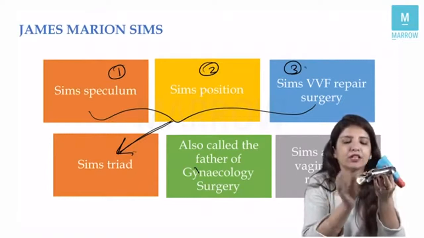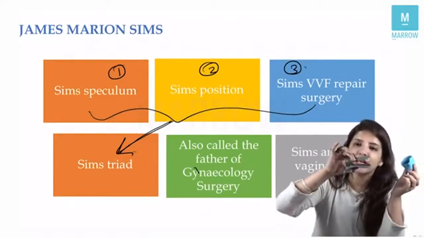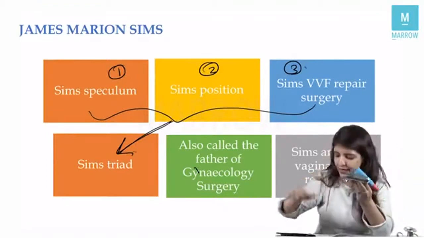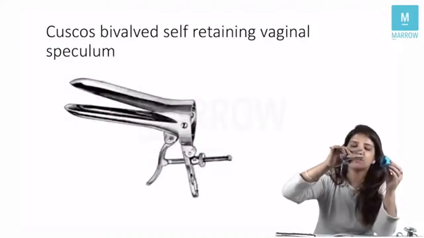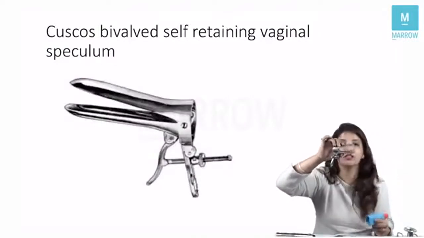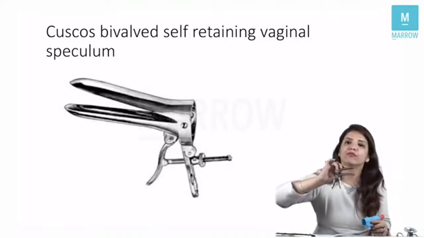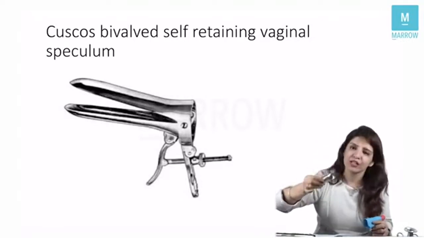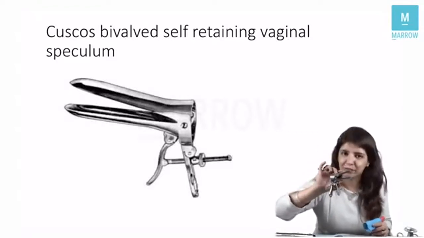This is a Cusco's bi-blade speculum or a double-bladed self-retaining speculum, right? So over here I have Cusco's bi-valved self-retaining vaginal speculum, right? Complete name is important for the final year students. Rest of all who are going to give their PG entrance or FMGE, this is a Cusco's speculum, right?